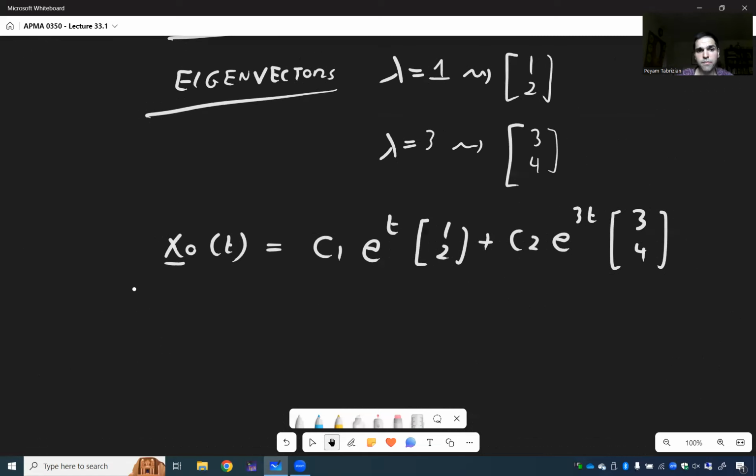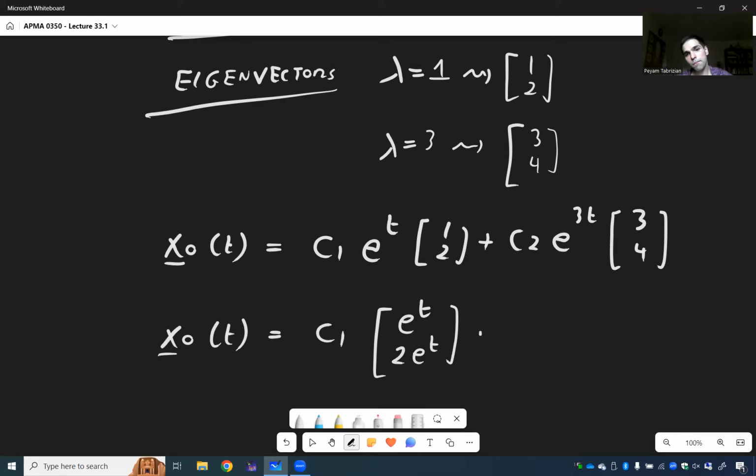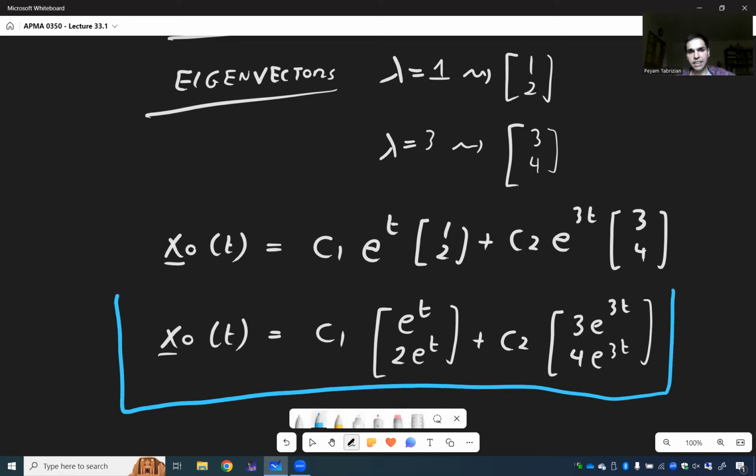You will see why. So x0 of t is now C1 times [e^t, 2e^t] plus C2 times [3e^(3t), 4e^(3t)]. So once again, that was our homogeneous solution.